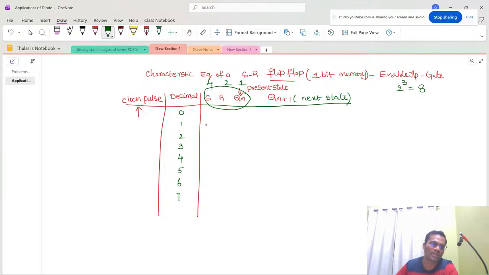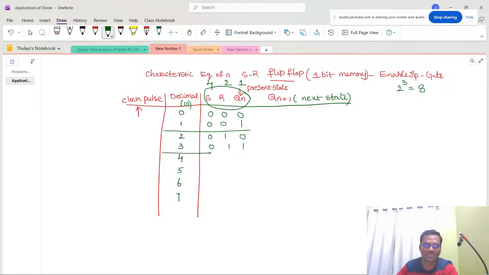Now we write down this decimal of base 10 in terms of 3-bit binary. So we can write 0 as 0 0 0, 1 as 0 0 1, and next we can write 2 as 0 1 0, and 3 as 0 1 1.